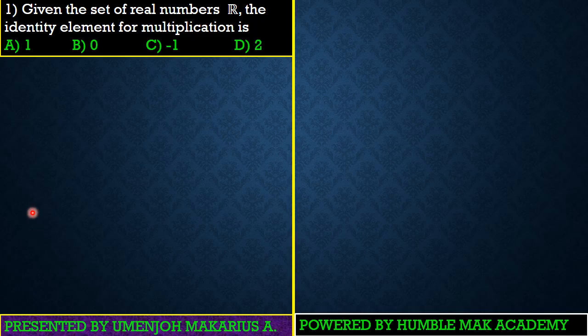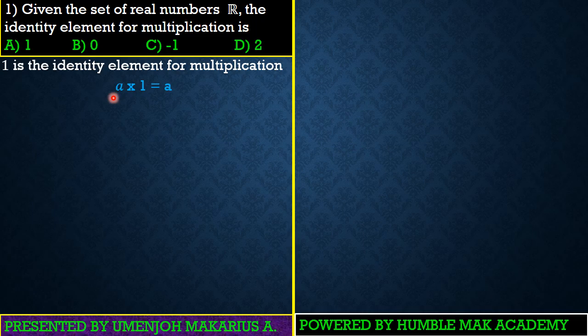Okay friends, question 1, as you can see on screen, simply reads: given the set of real numbers R, the identity element for multiplication is... These are questions that you shouldn't waste much of your time on. By definition, 1 is the identity element for multiplication, because if you take any element such as A and multiply by 1, you still get that same element A. An identity element is simply an element that, when you operate with any other element, leaves it unchanged.